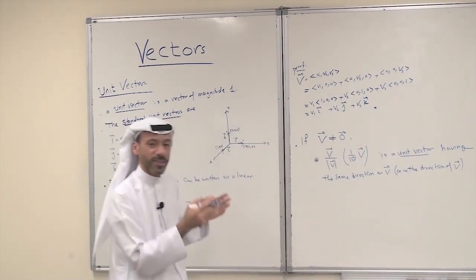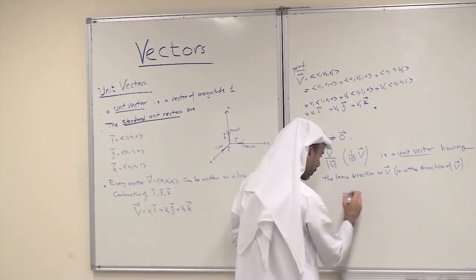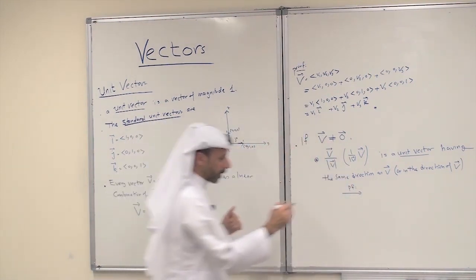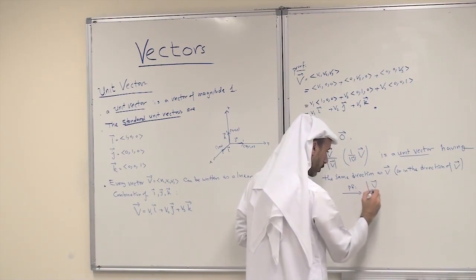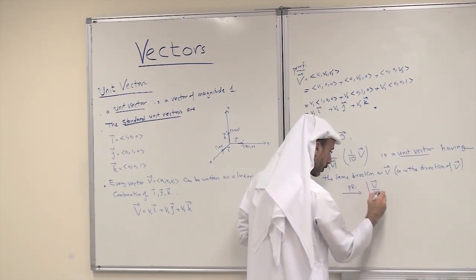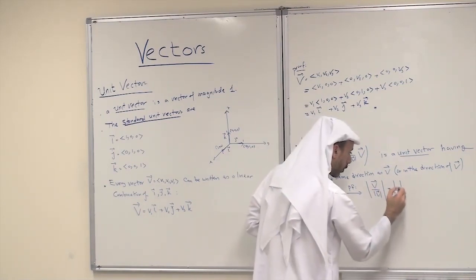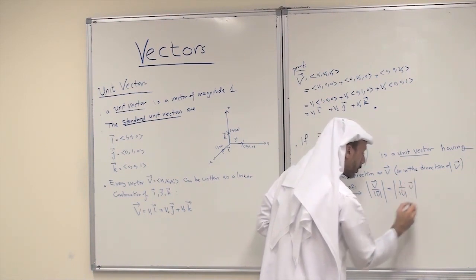Well, how do we show that it is a unit vector? Just prove it. We take its magnitude. If I take the magnitude of the vector v over the magnitude of v, this is 1 over the magnitude of v times v.